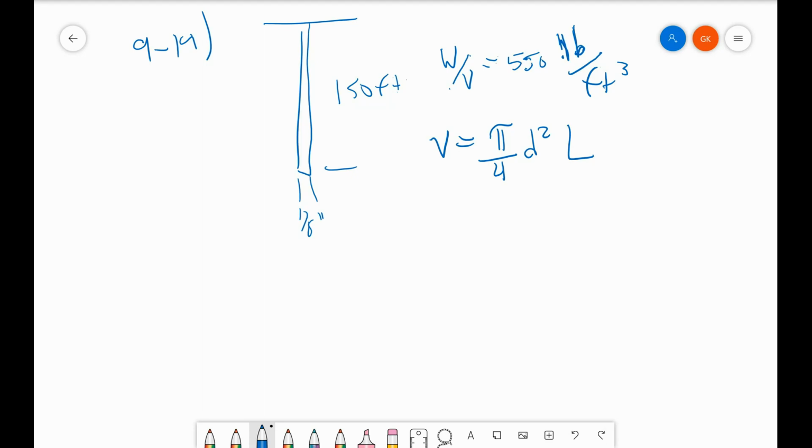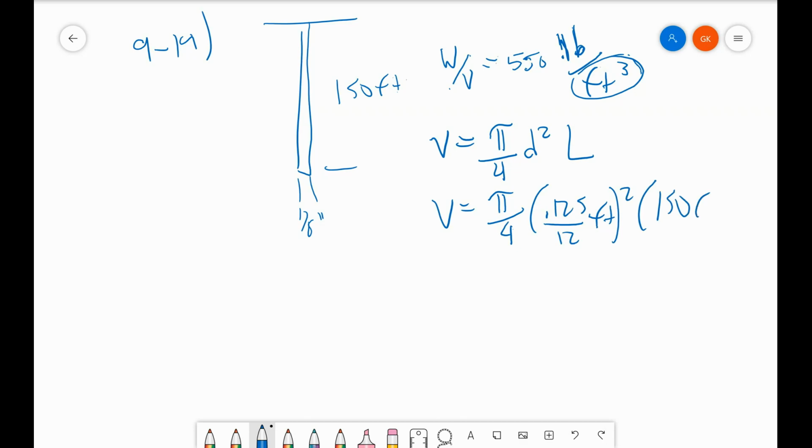My diameter is given in inches, my length is given in feet, and the weight per volume is given in feet cubed, so I need to switch my inches to feet. So the volume is pi over 4 times 0.125 divided by 12, changing it from inches to feet, squared, times 150 feet.